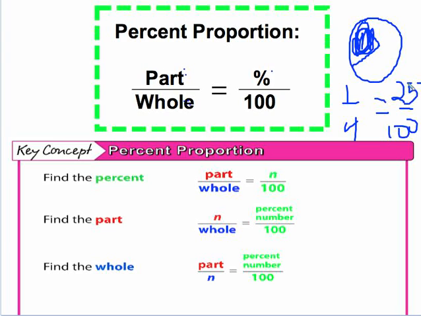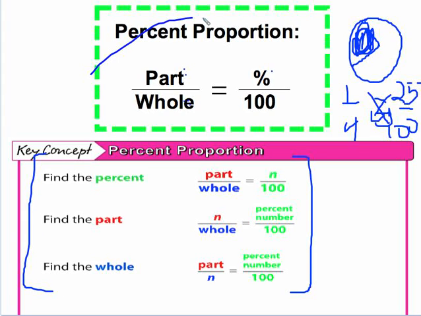So that 25%, we know that 25 over 100 reduces to 1/4, or in solving proportions, if I were to multiply 25 times 4 is equal to 100, 1 times 100 is equal to 100, so my cross products are equivalent, the proportion works.